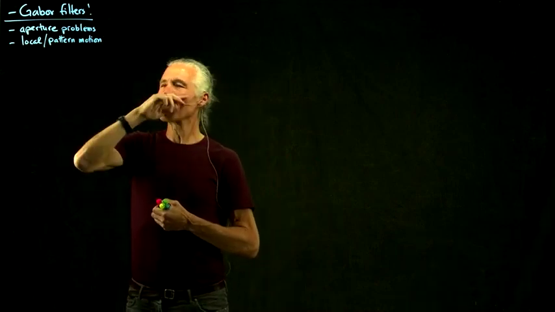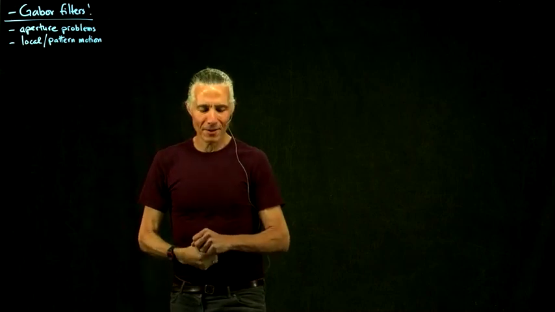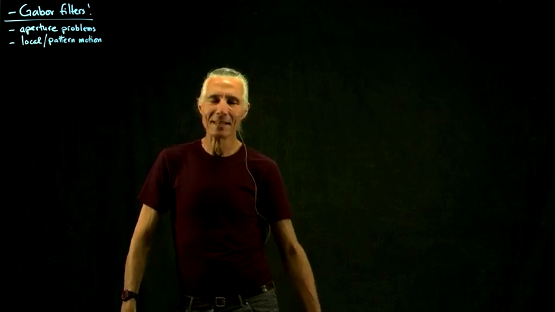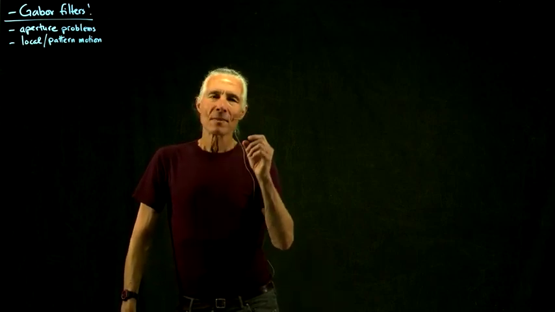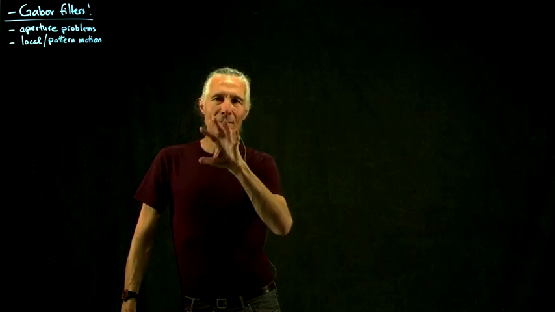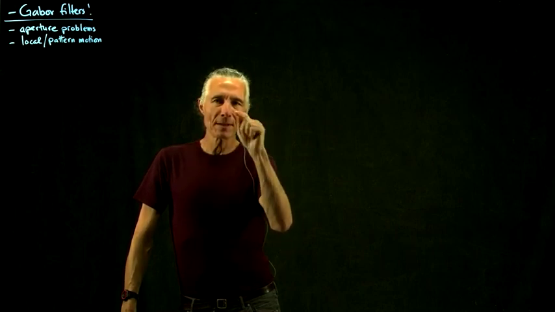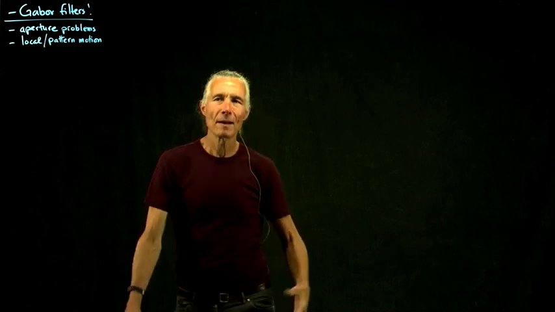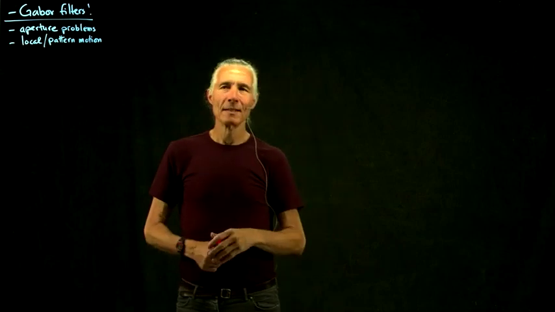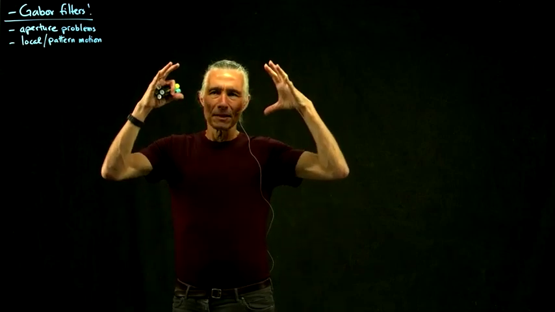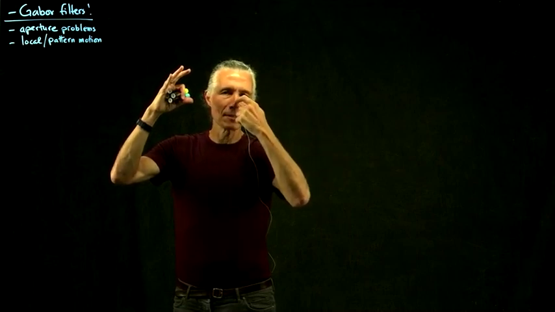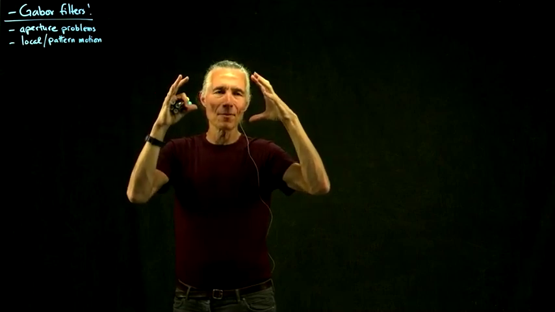This falls under the category, I say every year, of solving problems you didn't know you had. So one of the problems is if you make a very fine receptor array that can pick up tiny features. Imagine you could make a detector that looks at the whole face. In that case, it can't pick up small details like the eyes versus the nose. It just picks up a blurry blob for the whole face.